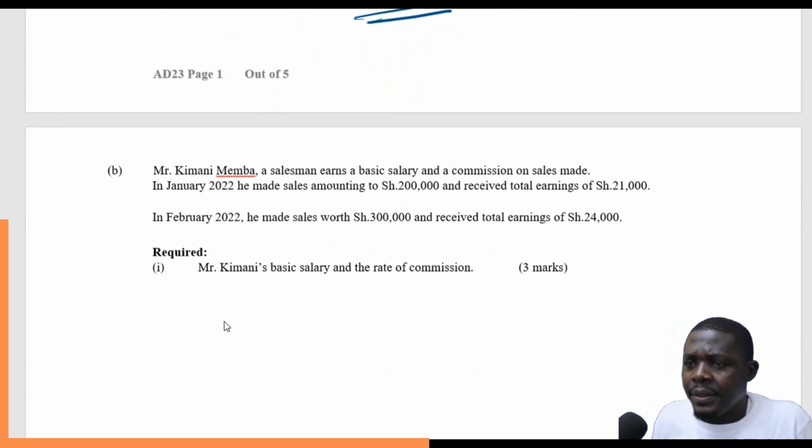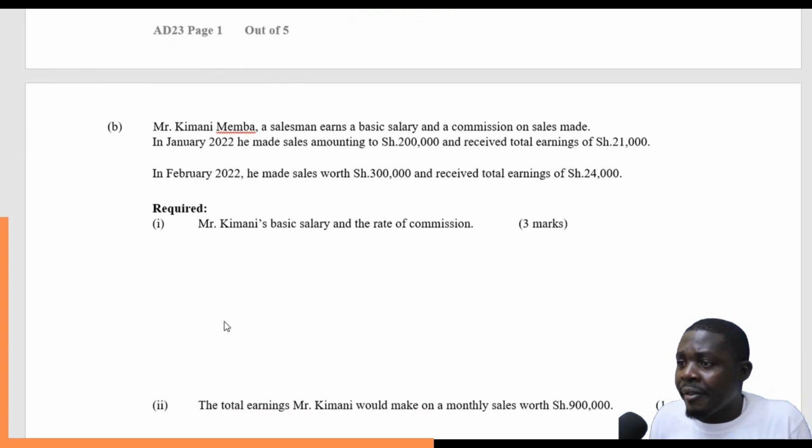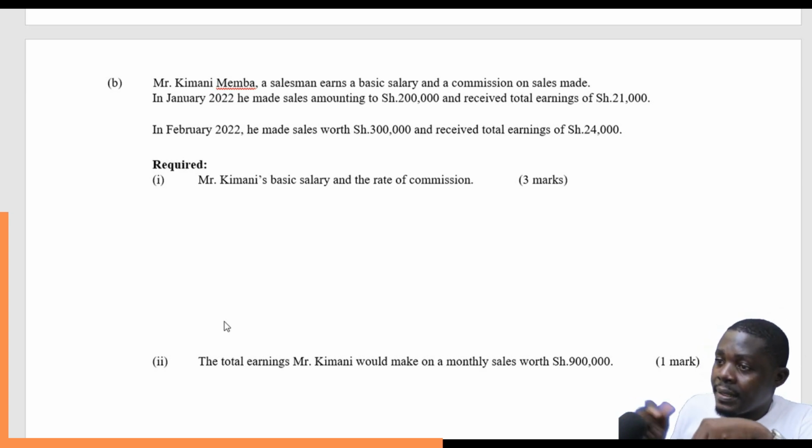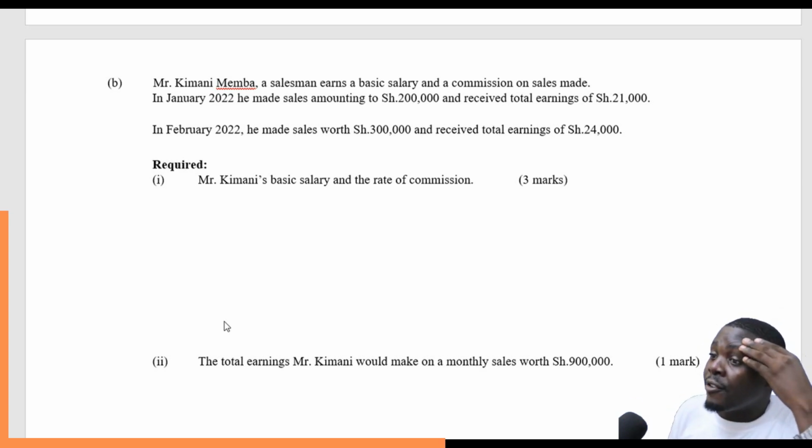Then part (b): Mr. Kimani, a salesman, earns a basic salary and commission on the sales made. In January 2022, he made sales amounting to 200,000 and received a total earning of 21,000.